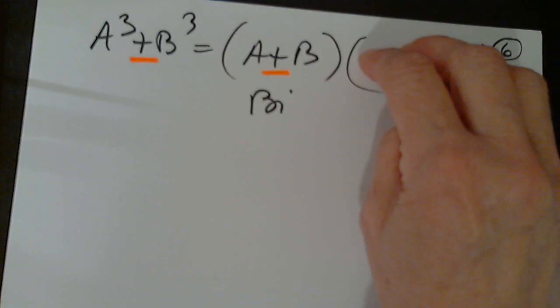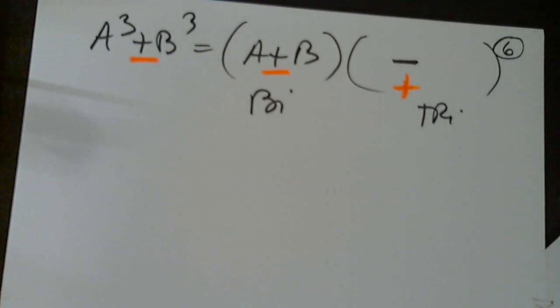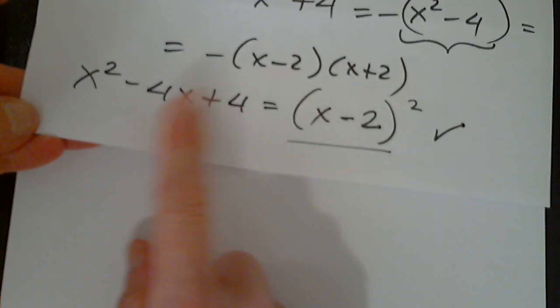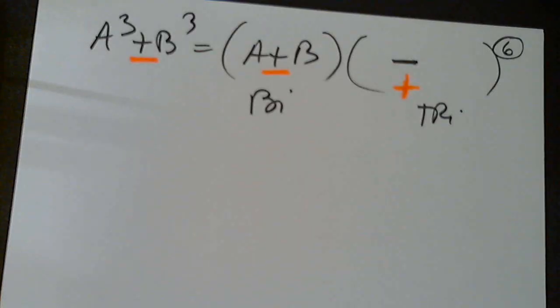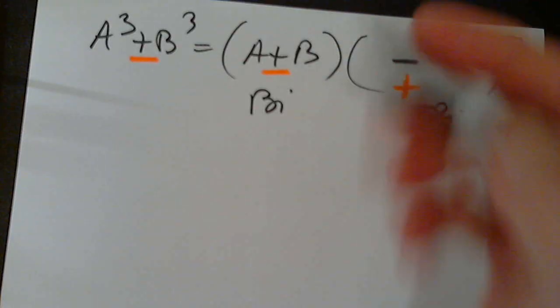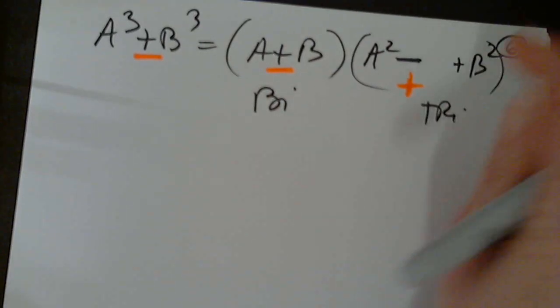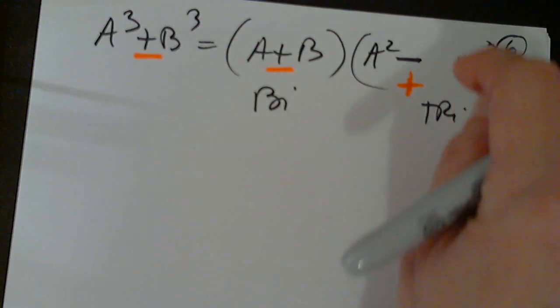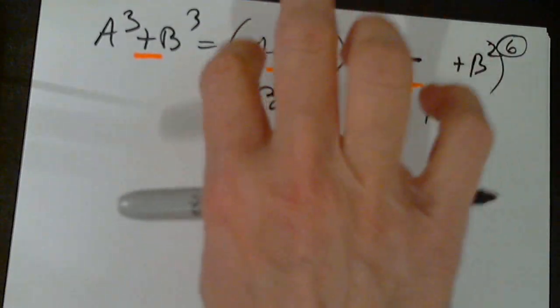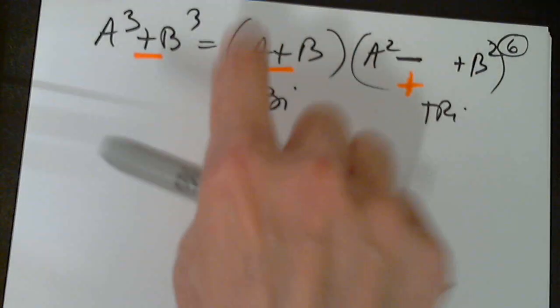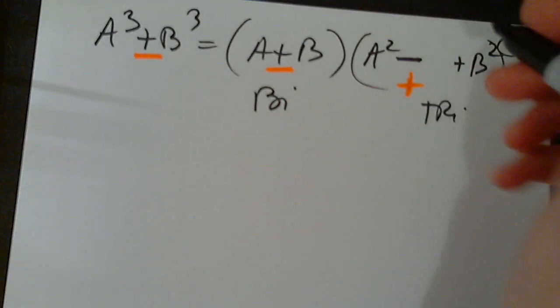This piece is kind of similar, but not quite, to the formula for a binomial squared. The first term squared, which is always positive. But this one is not 2 times this, but just this times this.